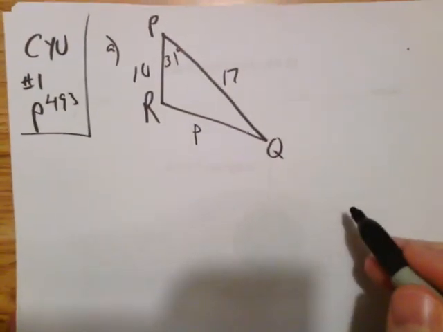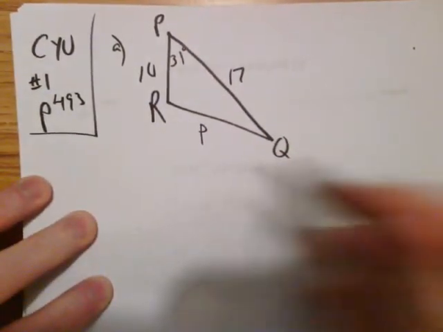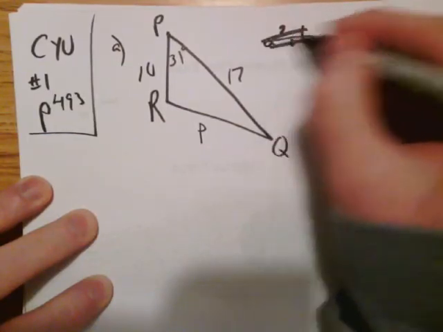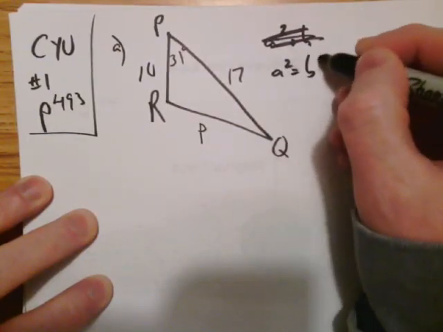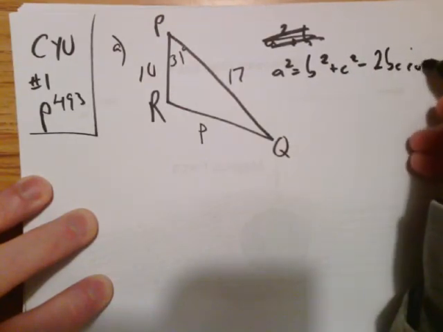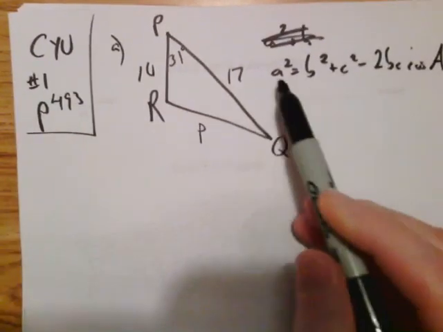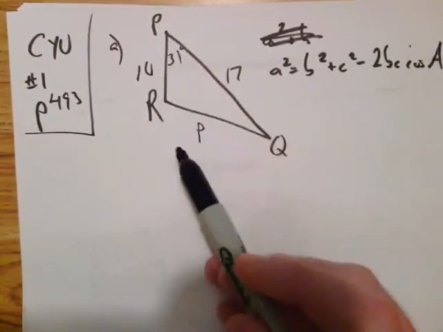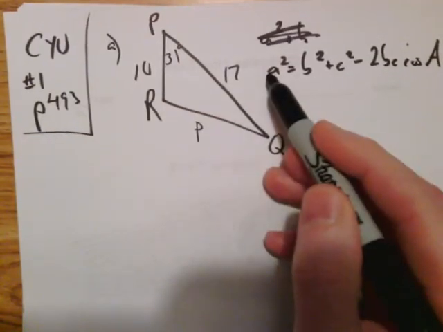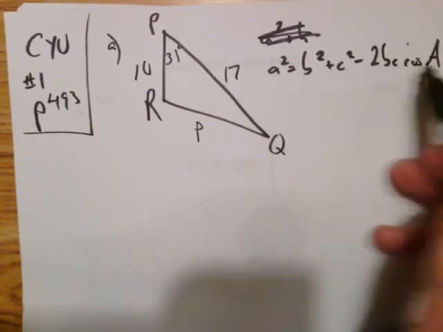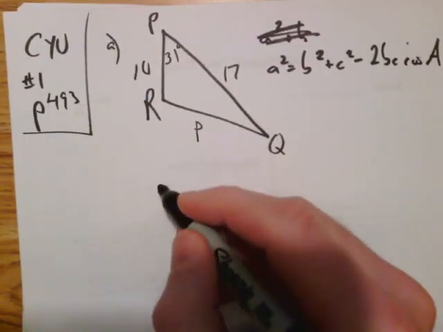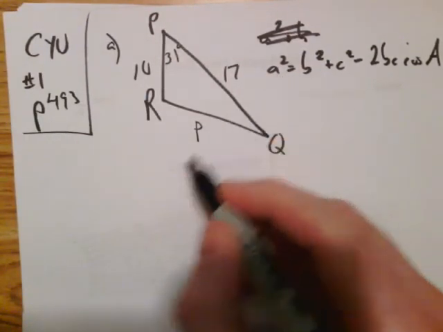So the formula that we have is a squared equals b squared plus c squared minus 2bc cos of a. The a is going to be our p because we have that angle and we want that side. So I'm just going to rewrite this with our letters here. So a squared will be little p.